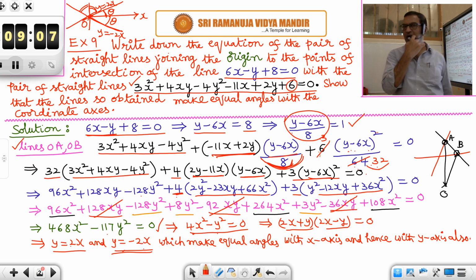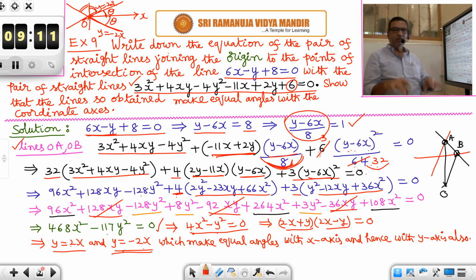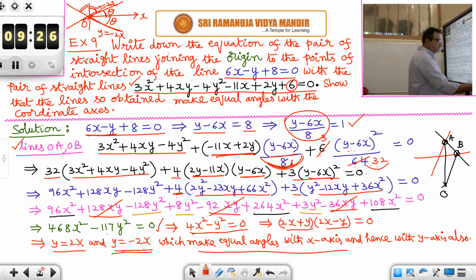Because these lines make equal angles with the x-axis, they make equal angles also with the y-axis. If the equal angle with the x-axis is theta, the equal angle with the y-axis will be 90 minus theta. So that also we have proved, which make equal angles with the x-axis and hence with the y-axis also. So we have completed this question.